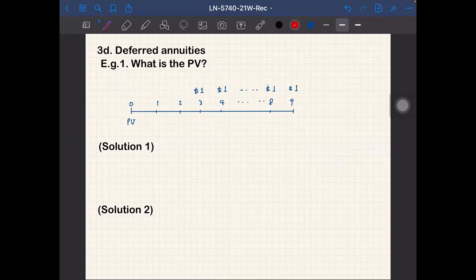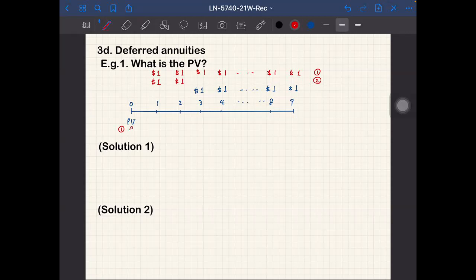One annuity is the $1 for 9 years, t equal to 1, 2, 3, 4, up to 9. And another annuity is an annuity for only 2 years, 1, 1. So think about this cash flow and this cash flow. The first one is just the annuity immediate for 9 years.